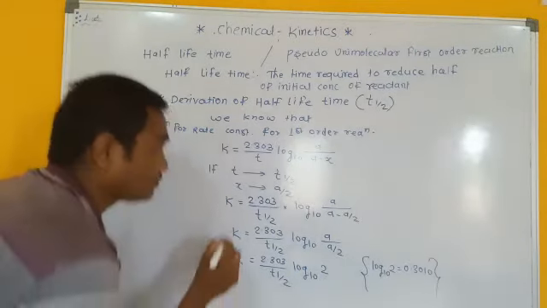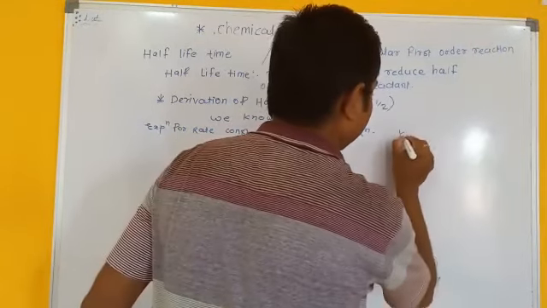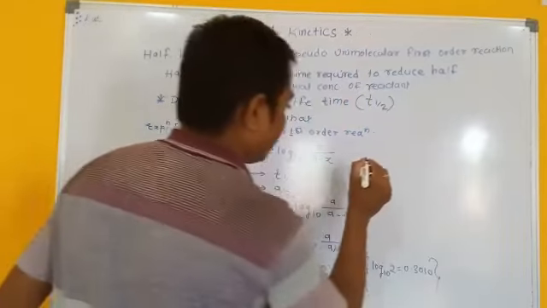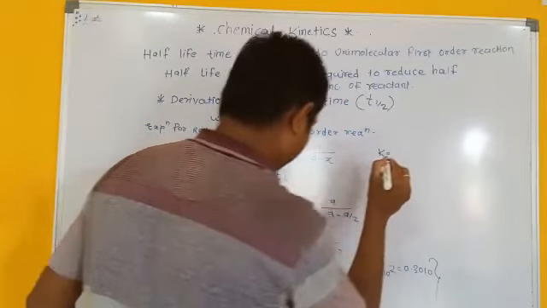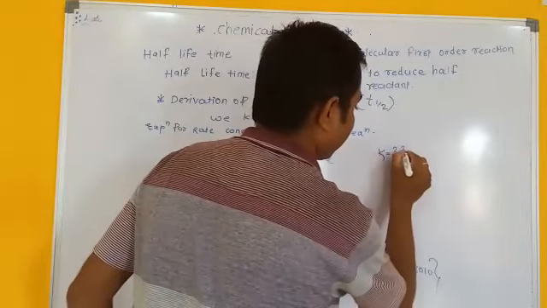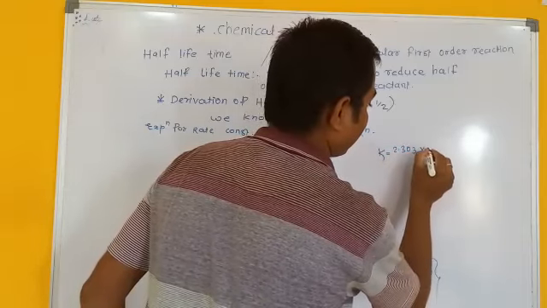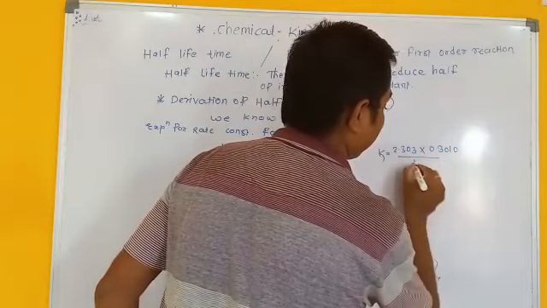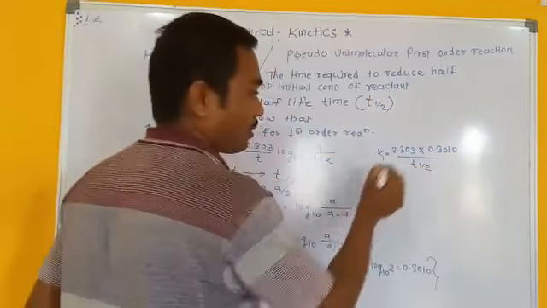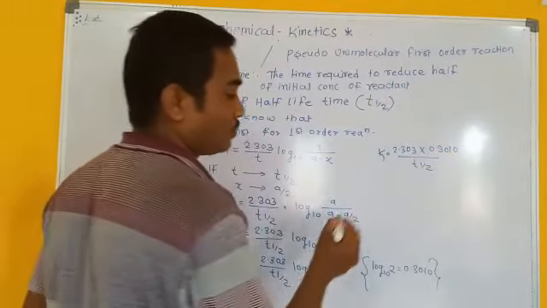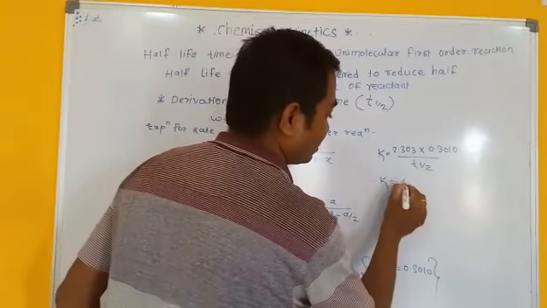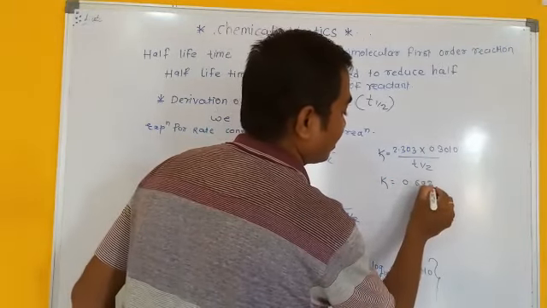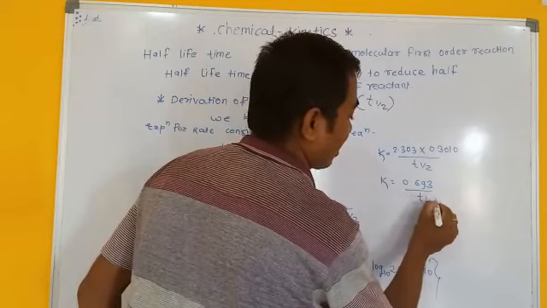Put this value: K is equal to 2.303 into 0.3010 divided by T half. The product of these two values becomes 0.693 divided by T half.